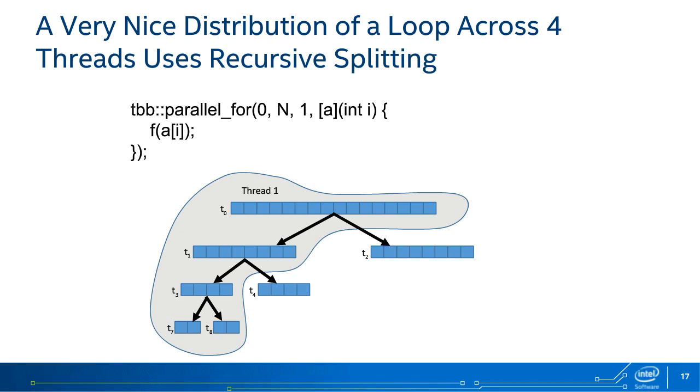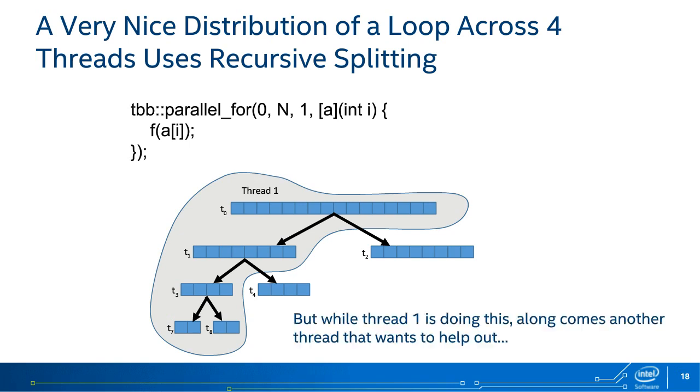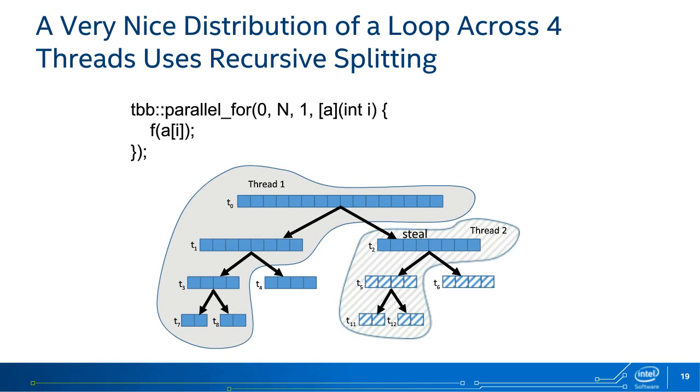Now, while thread 1 is doing this, there are other threads potentially available in the system. So let's say while this is happening, a thread is available to help out. In this case, we have this other thread, thread 2. Thread 2 will just look around for work that's available in the system. In this case, it just picks T2.